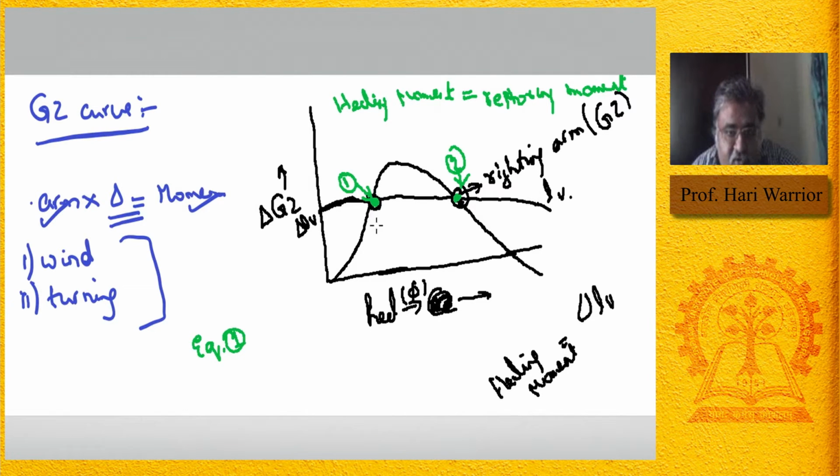Now let us suppose that we increase the heel. That means from this point I go in this direction, which means I increase the heel of the ship.